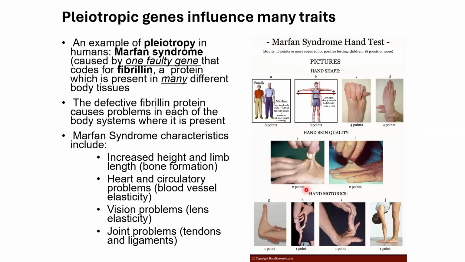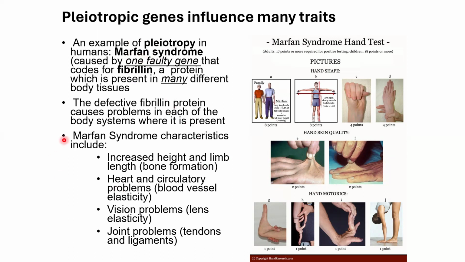Now, there are also certain genes that are pleiotropic, which means that the gene can influence many different traits. An example would be the fibrillin gene, where a mutation can lead to a syndrome called Marfan syndrome.